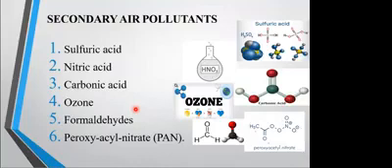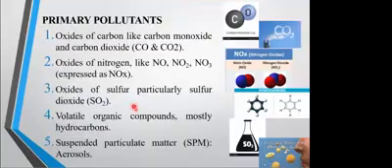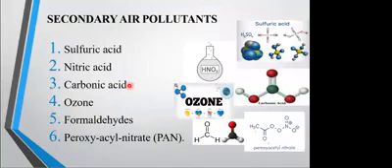So katong mga carbon monoxide, carbon dioxide, kung naa sila'y chemical reaction nga mahitabo, specific nga mga secondary pollutants ang present. These are what we call secondary air pollutants: sulfuric acid, nitric acid, carbonic acid, ozone, formaldehydes, and even peroxyacyl nitrate or PAN.